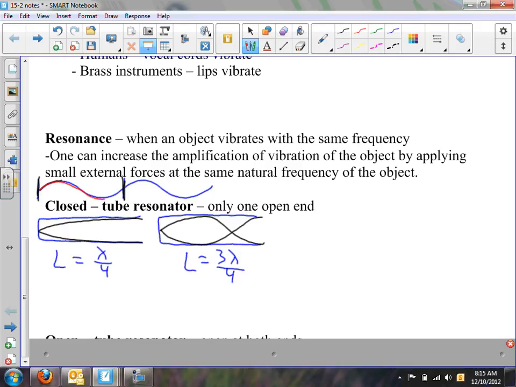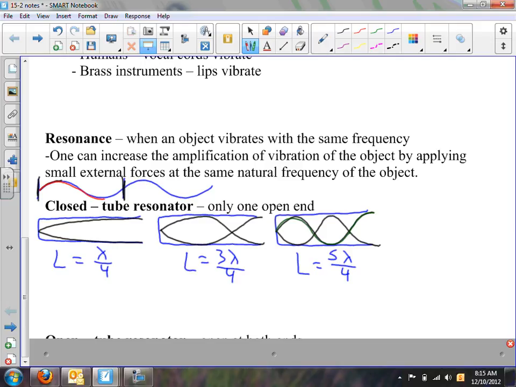And you could actually just keep going and going and going. The next one would look like something like that. And if you follow the wave pattern, that'd be one wave, and now you have a fourth of the next. That length would correspond to 5/4 of a wavelength.